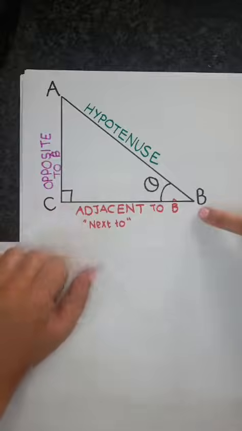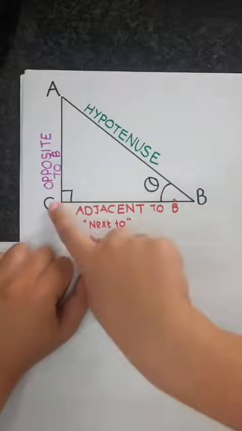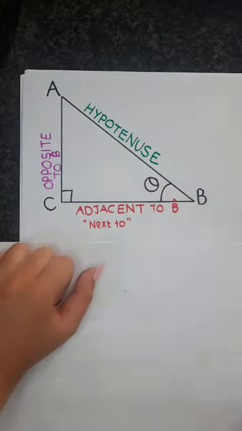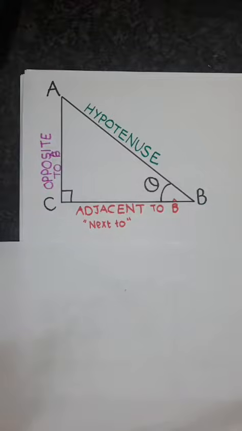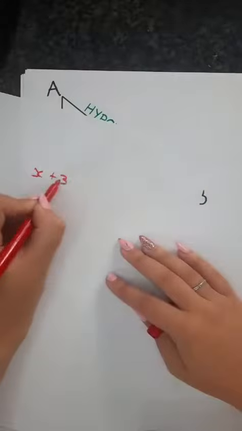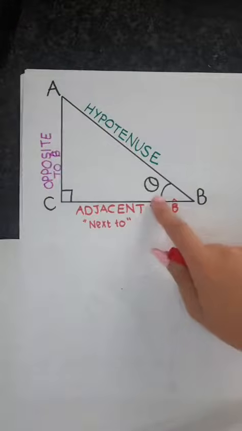And then I've indicated that angle ABC, or angle B, is theta. Now, theta is just a Greek letter. It's one way that we can say an angle. So, like when we calculate, and we use variables as our unknowns, we say x plus 3 equals 5. X is our variable. Theta is like our unknown for our angle.